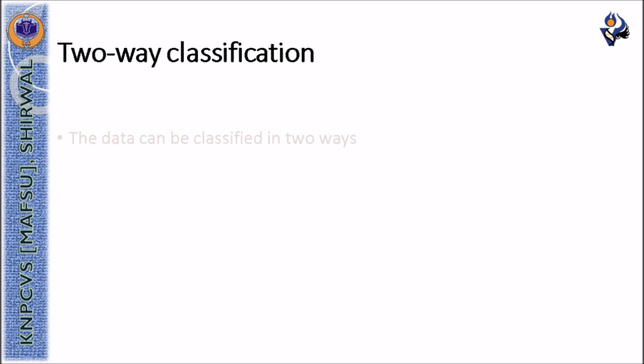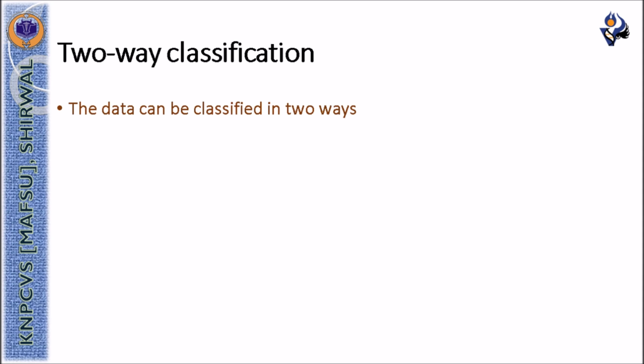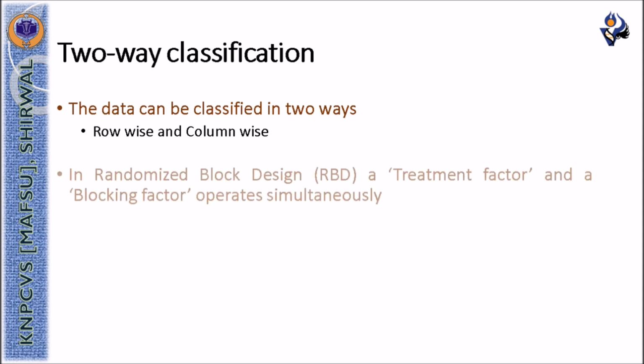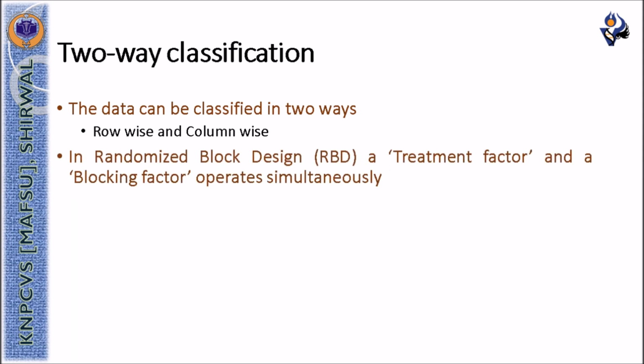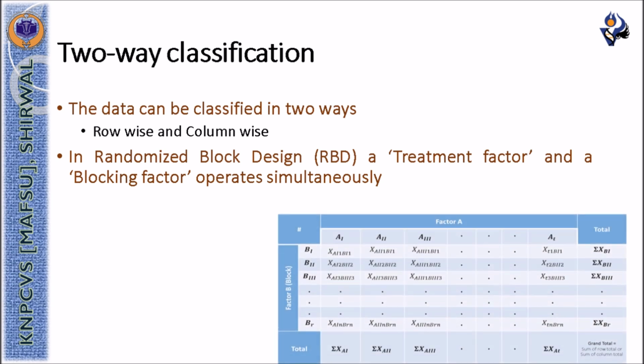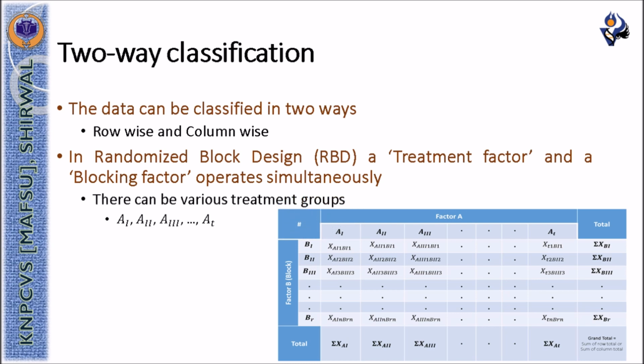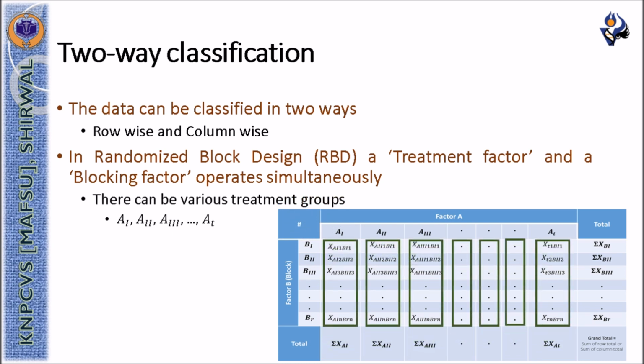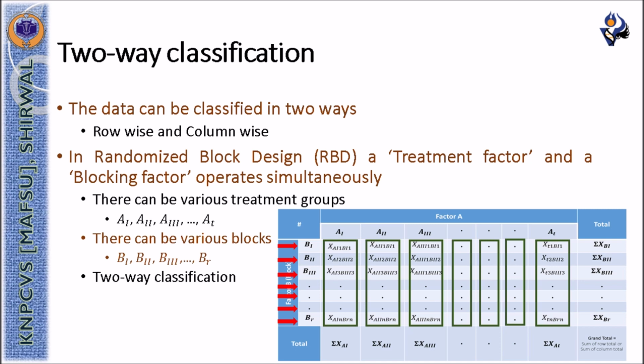However, the data can be classified in two ways, row-wise as well as column-wise. In case of randomized block design, a treatment factor and a blocking factor operate simultaneously. There could be various treatment groups, as well as various blocks, and hence the data in RBD can be classified in two ways.